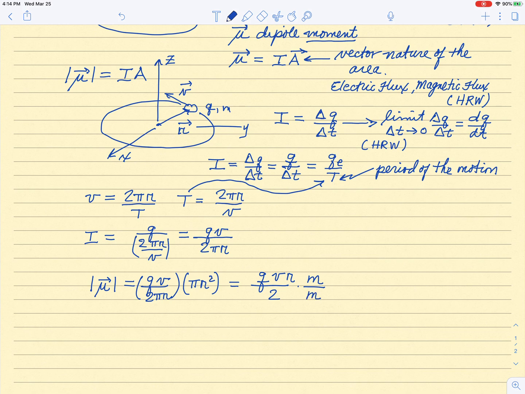So one of these r's cancels, the pi's cancel, leaving us with this expression. And I've multiplied by 1 essentially, right? The denominator and the numerator are each the mass of the object. And so then this is going to be q, and I'm going to write it this way in a more suggestive fashion, mvr over 2m.